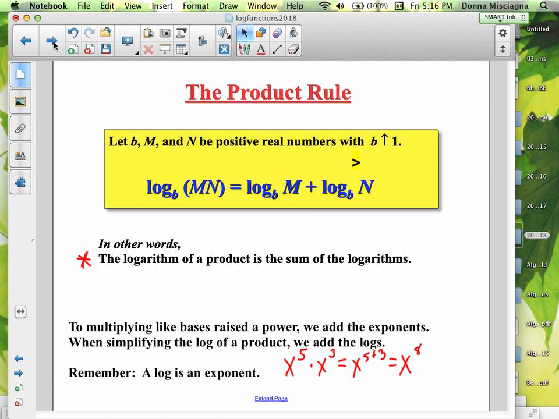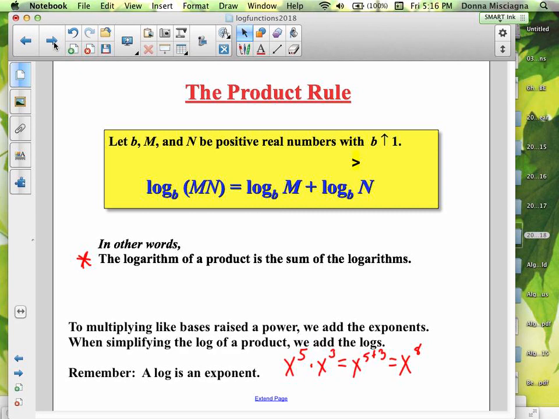Just to compare this to exponents, because remember, logs are just exponents. It says it right down there. Remember, a log is an exponent. To multiply like bases raised to a power, we add the exponents, right? So down there I have a little example, right? X to the 5th times x to the 3rd. You would add those, right? That's equal to x to the 8th.